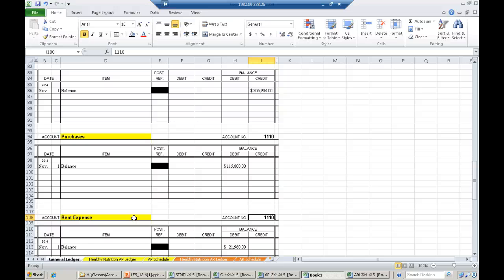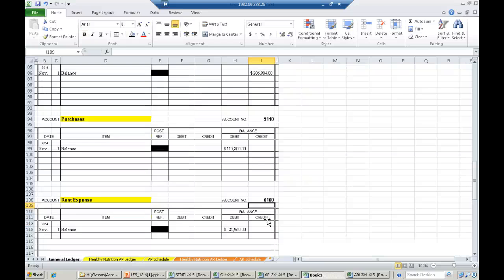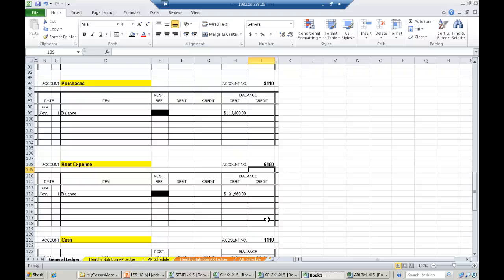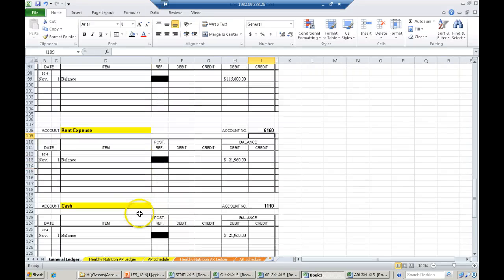All expense accounts start with a 6. Purchases account starts with 5. 5110. And finally, rent expense. All expenses start with a 6. 6160. And again, they carry a normal debit balance as well.